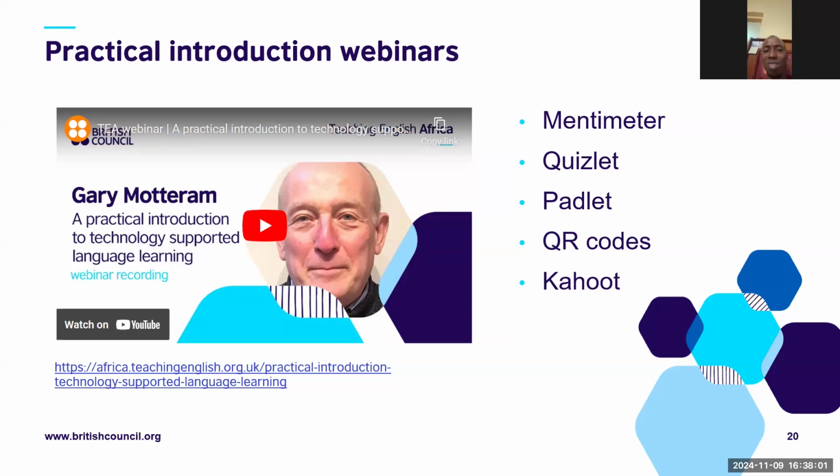Padlet can also be used to do a number of things, like having reading, posting pictures, posting videos, posting listening audios. So you can use it for a number of things in your classroom. And also using QR codes. Yes, you can use them instead of using links. You can use QR codes if you like.